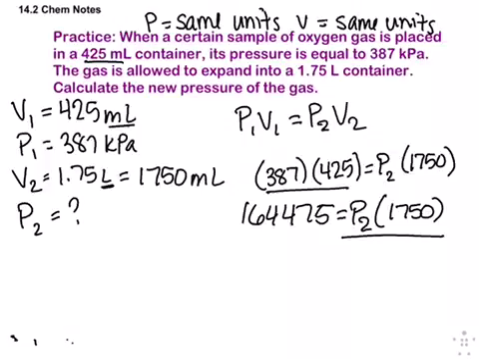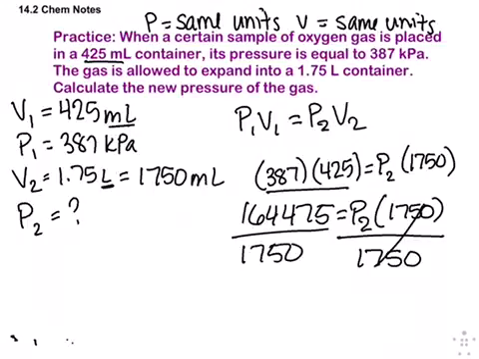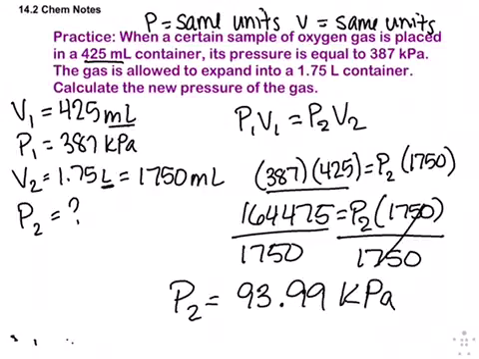To get P2 by itself, we have to divide by 1750. It cancels on that side. What you do to one side, you need to do to both. So P2 will equal the quotient of that division right there, and our second pressure is 93.99 kilopascals.